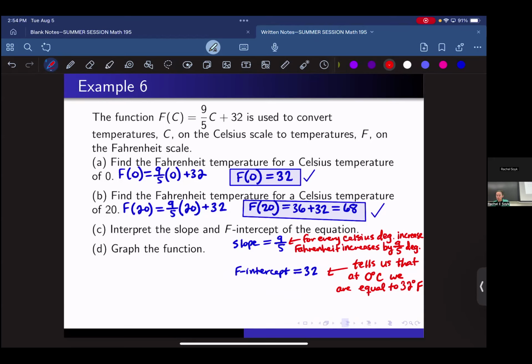And then last but not least, we're asked to graph it. So our 9 fifths C plus 32. Gonna do this one on the next slide.